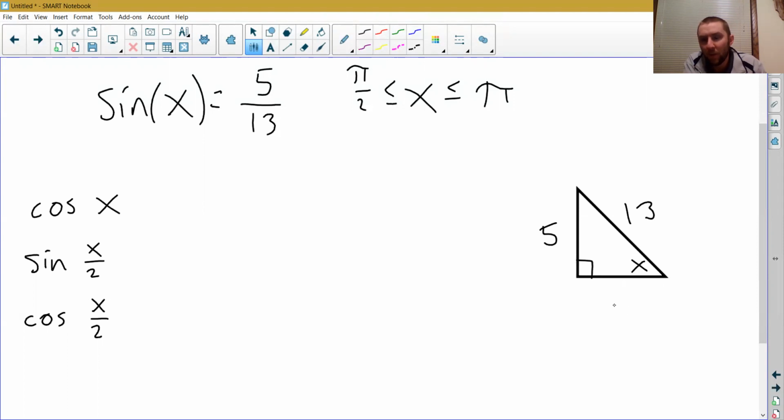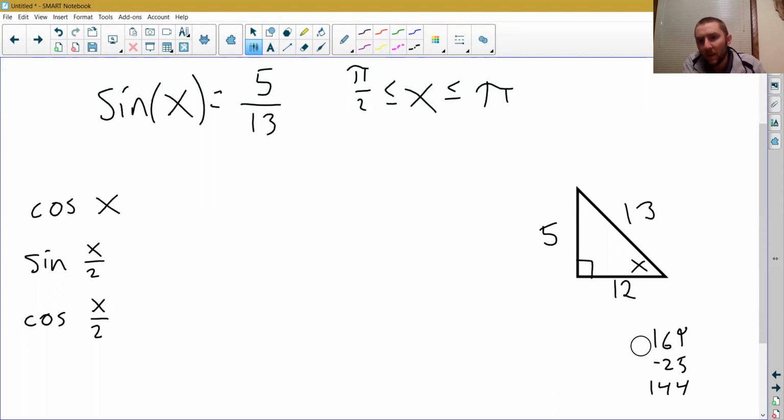So 25 plus question mark squared is equal to 169 minus the 25, and we get 144. Square rooted is 12. Okay, 5, 12, 13 is a Pythagorean triple.